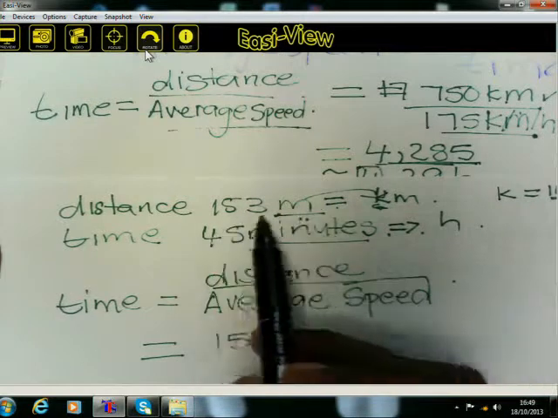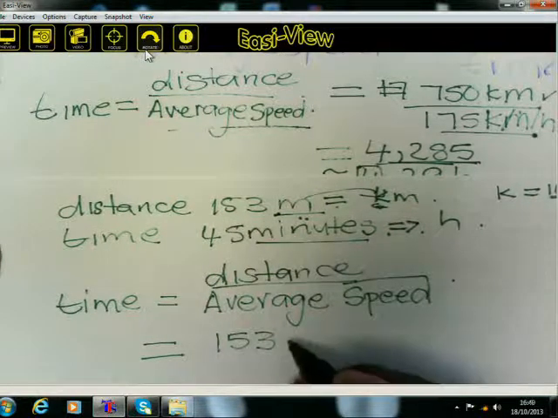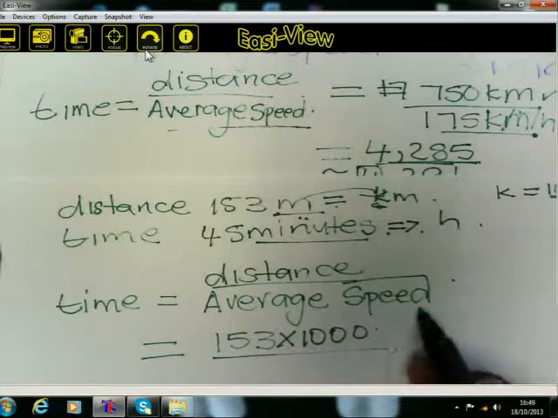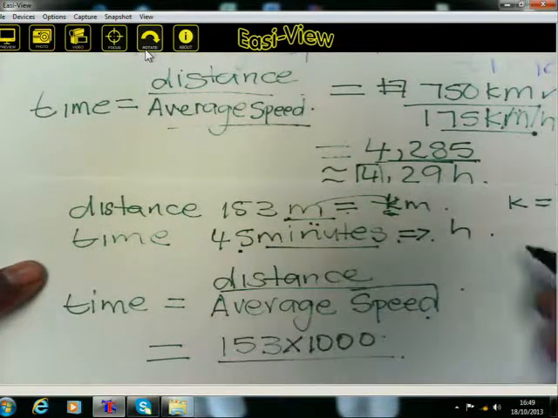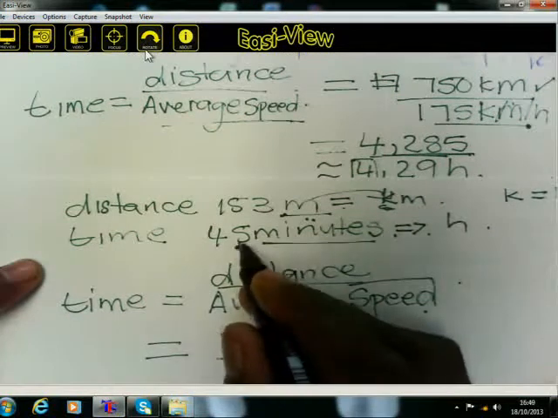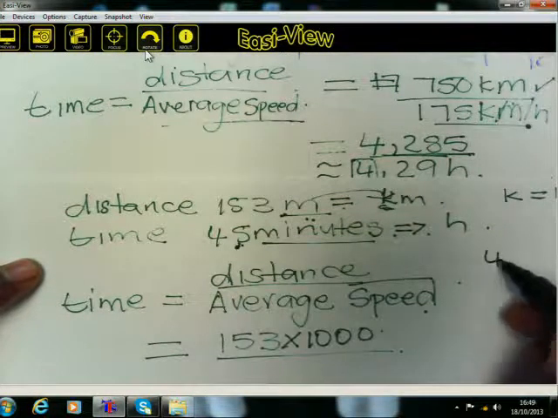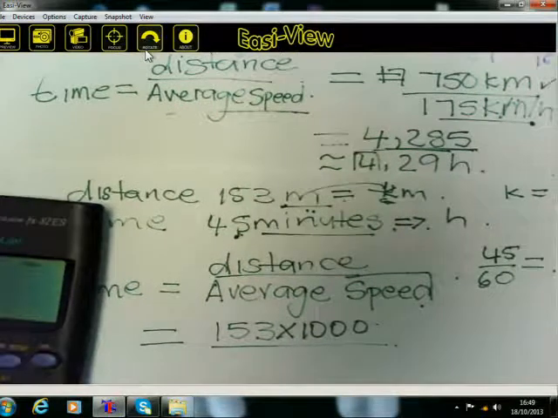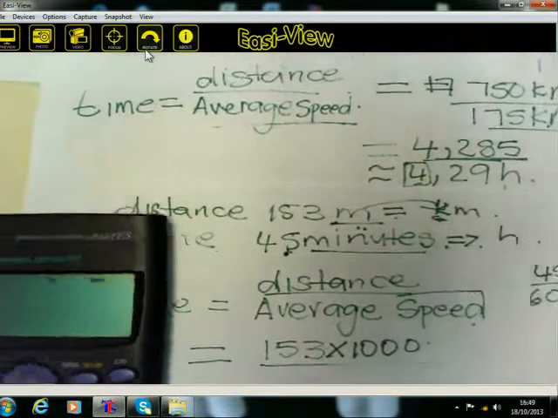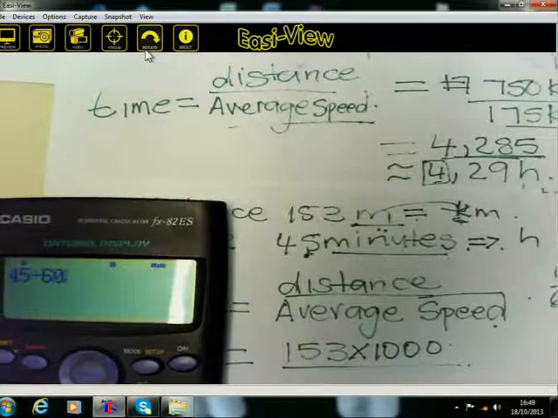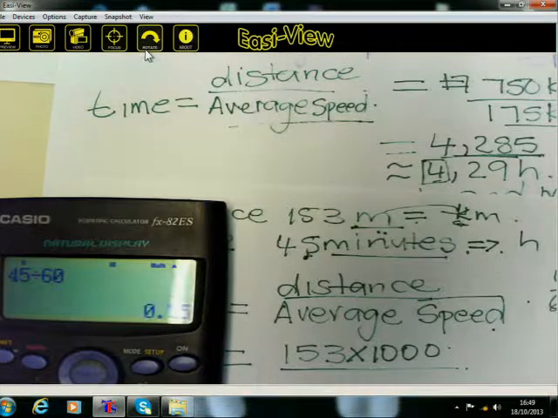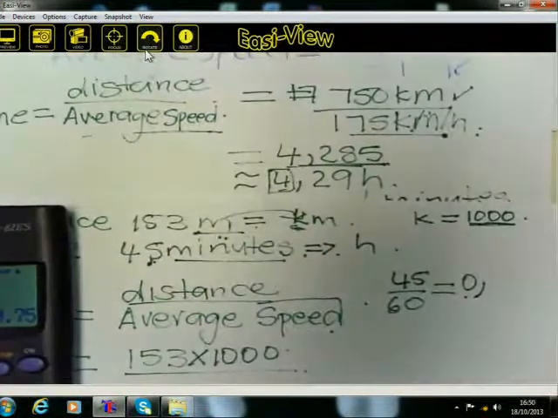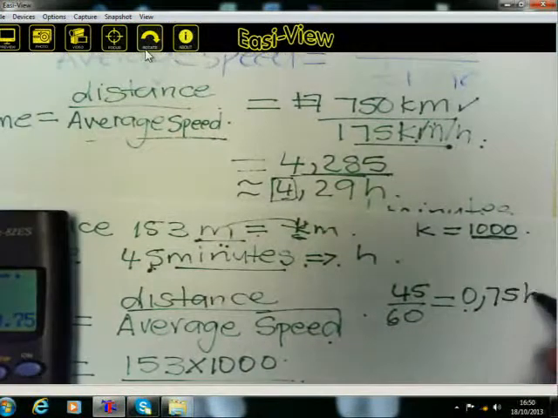And our time is 45 minutes. Also, you must convert that 45 minutes to hours, which is 45 divided by 60 equals 0.75 hour.